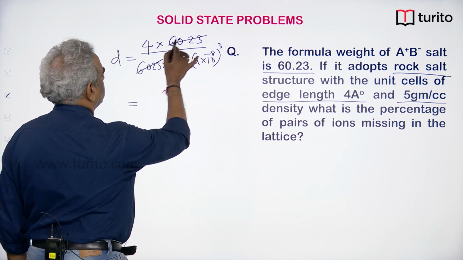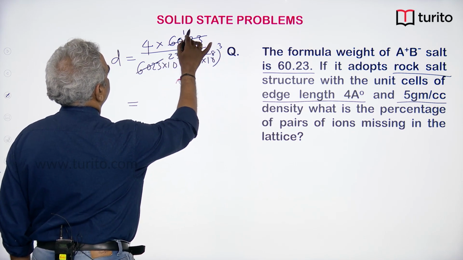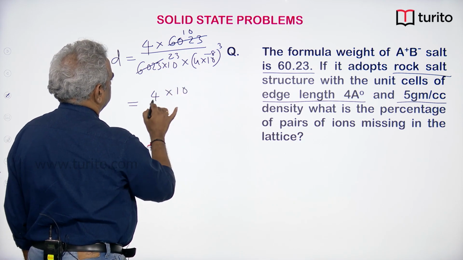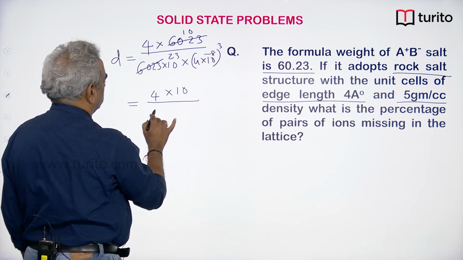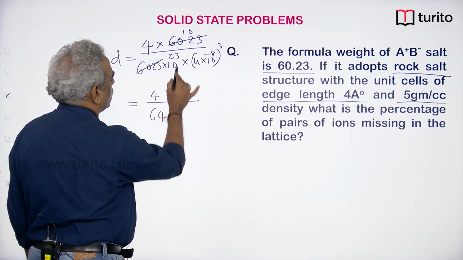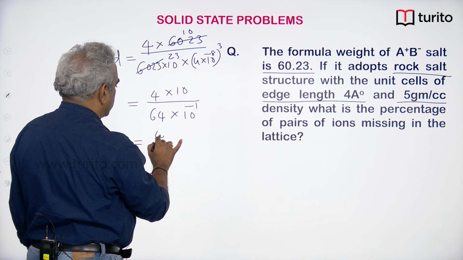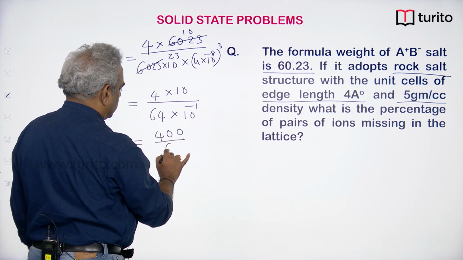This goes 10 times. So, 4 into 10 by, this is 64 into 10 to the power of minus 1. So, this gives me 400 by 64.